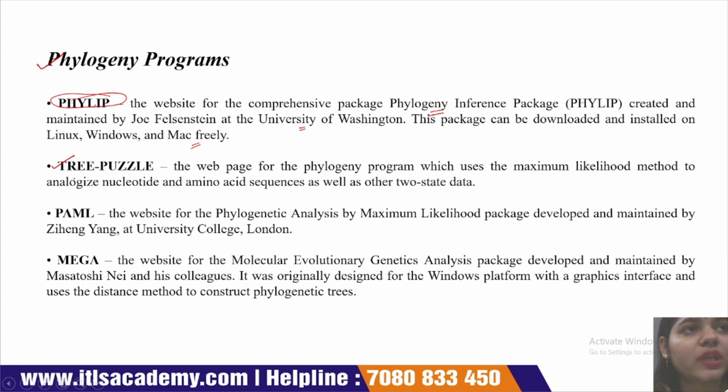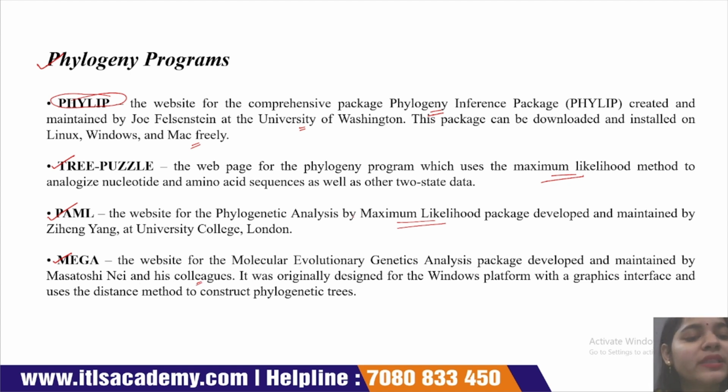In TREE-PUZZLE, for the construction of phylogeny trees, we use the maximum likelihood method. Next is PAML. For the construction of phylogenetic trees, in this method we use the maximum likelihood method. Next tool is MEGA, the website for molecular evolutionary genetics analysis package, developed and maintained by Masatoshi Nei and his colleagues.